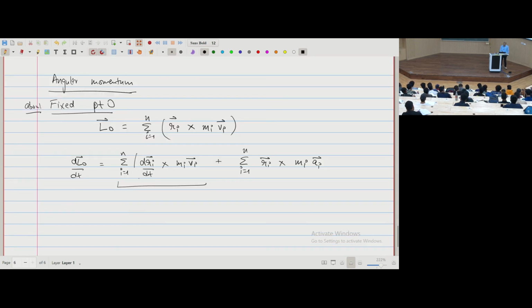So what is this term? Can you see how this is 0? dRi by dt is Vi, and Vi cross Vi is 0.